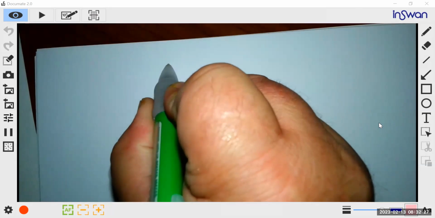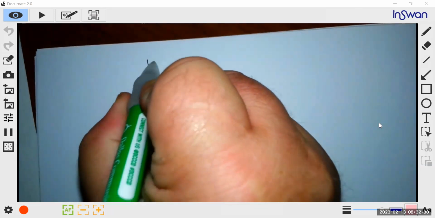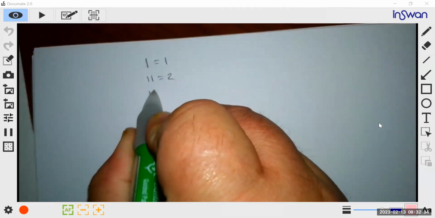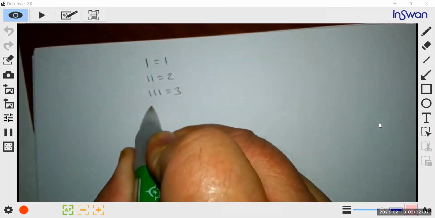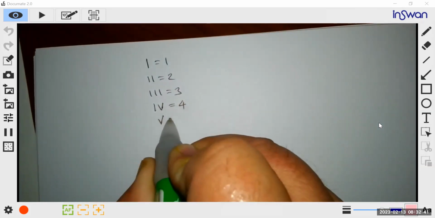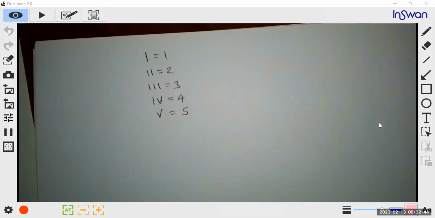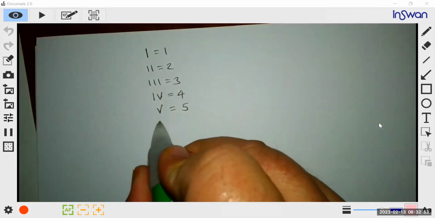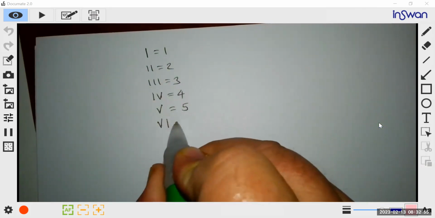Let's do a couple of these. So that's 1, that's 2, 3, 4, 5. How would the next number look? That's 5 plus 1 is 6.